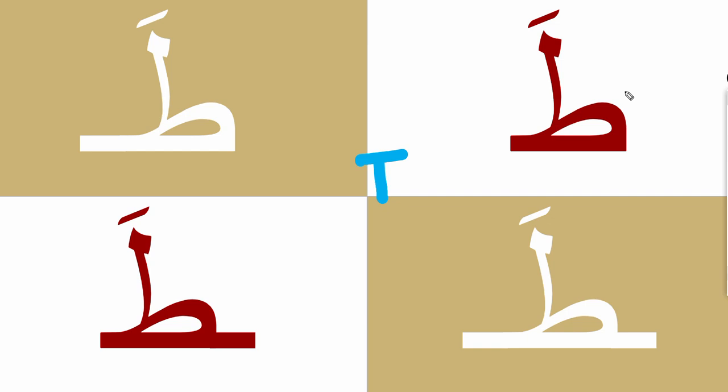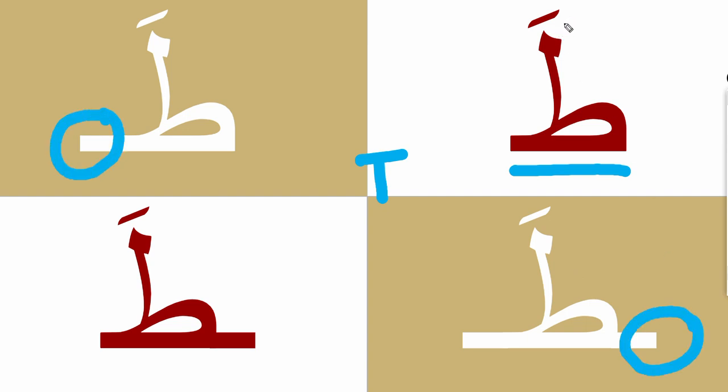If you didn't, please go see it again. This is ta. It can connect to the letter after it and the letter before it, and with fatha it is ta. And as you can see at the end of it, it looks pretty much the same, but with the tick.